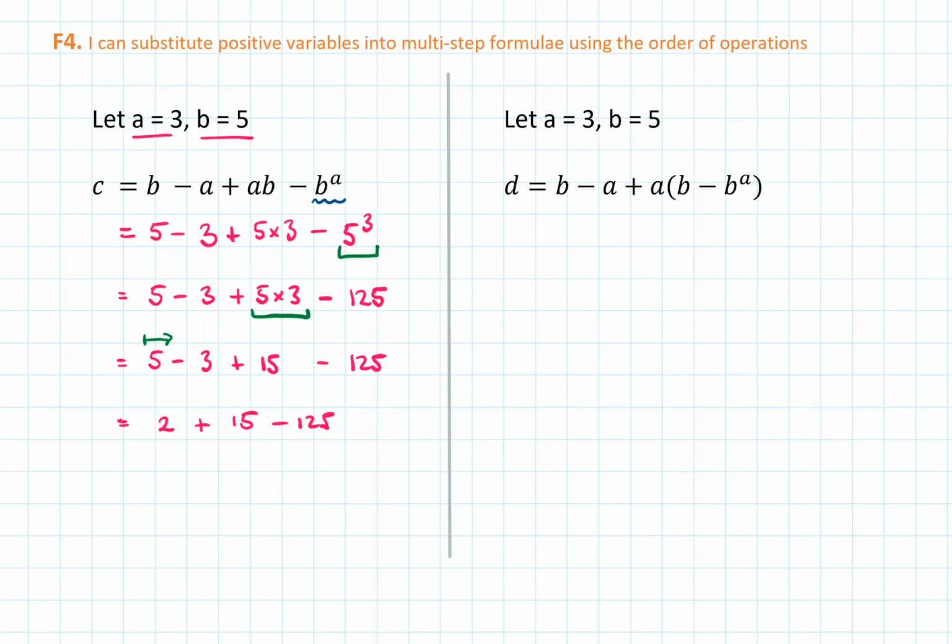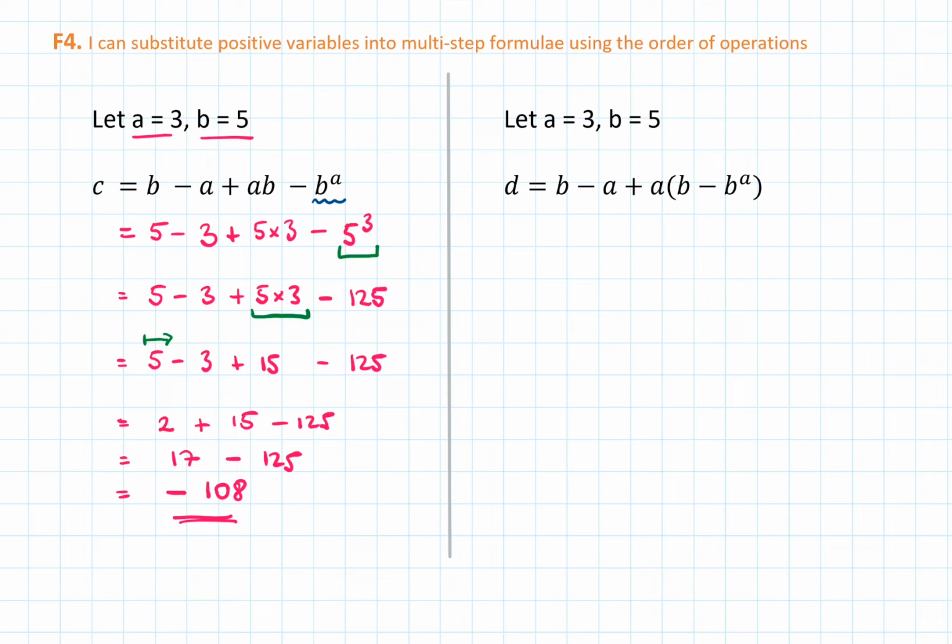Moving on to the next one, 2 plus 15 is 17, take away 125. And lastly, 17 take away 125 is negative 108. And this is our final answer. The value for C is negative 108.